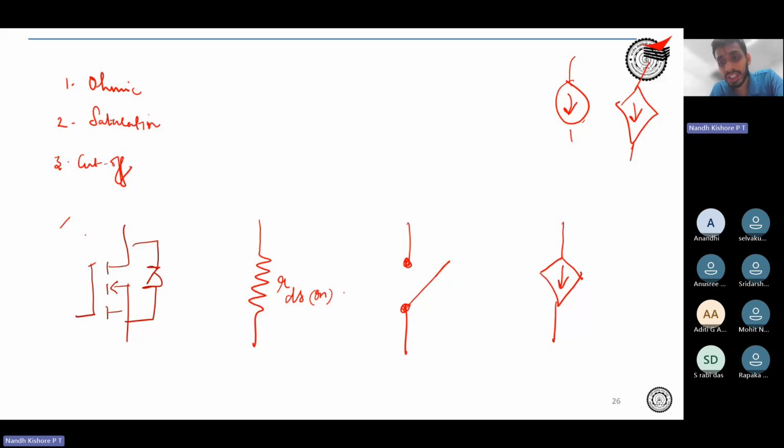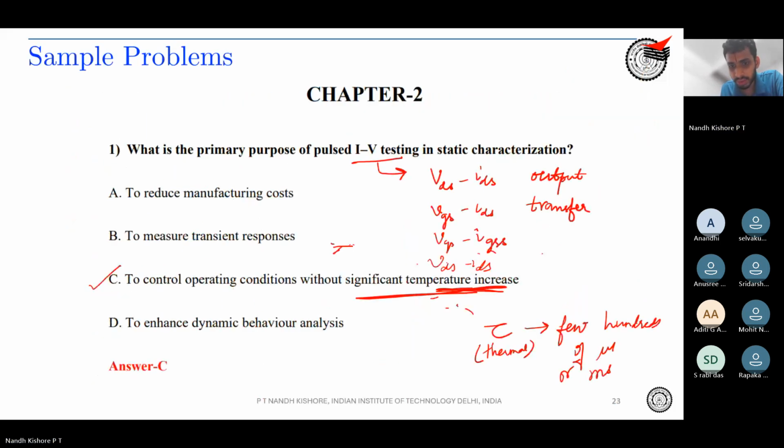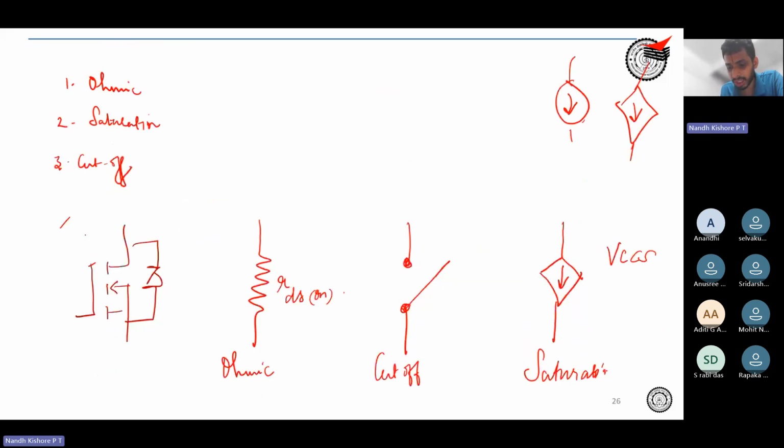So this is a voltage controlled current source, VCCS. This is ohmic or linear region. This is cutoff, where the device doesn't conduct, and this is saturation region. It's a voltage controlled current source.